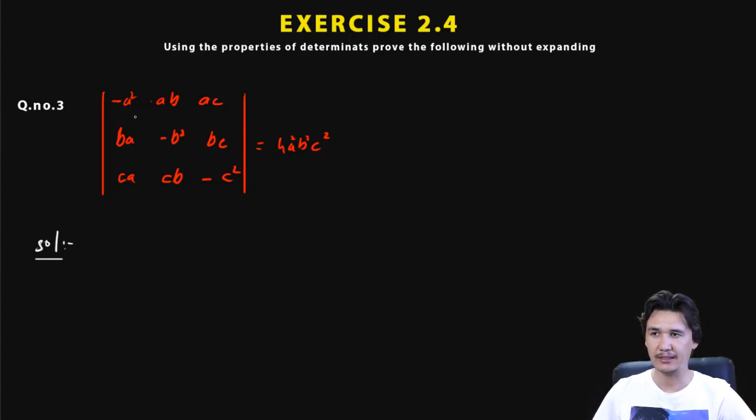In row 1 we have a common, in row 2 we have b common, and in row 3 we have c common, and we are going to take common a, b, c from row 1, row 2, row 3.